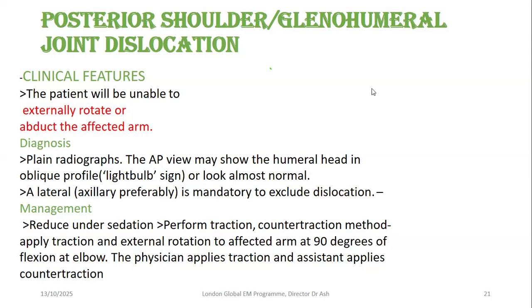They can't do abduction and external rotation, but the arm will be held adducted, already adducted. So the patient will not be able to externally rotate and abduct the affected arm. So you will do the X-ray. On X-ray, you will see the light bulb sign. So it can be reduced. You can reduce under sedation, with the traction, counter traction method.